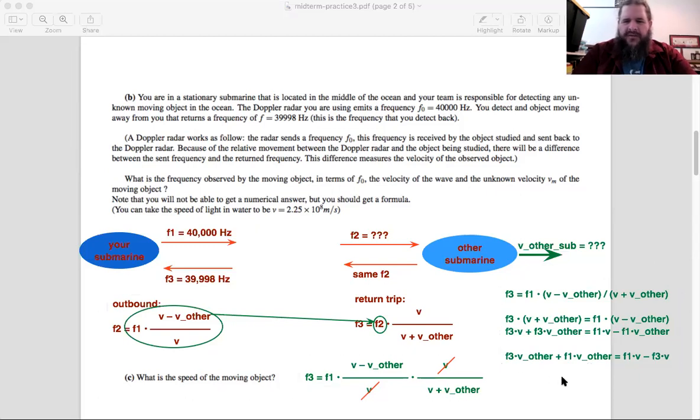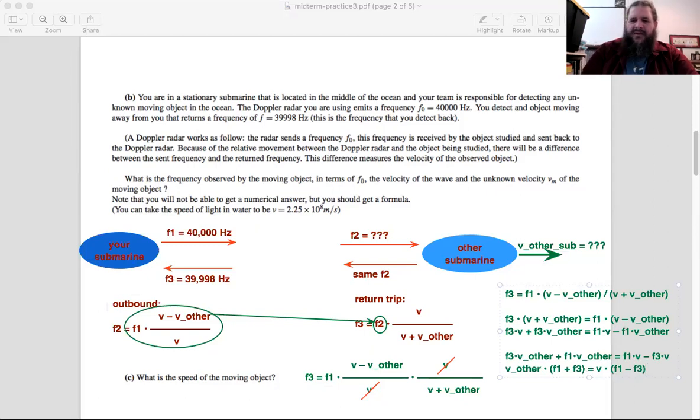Now we've got all the terms with the variable we seek on one side of the equation and everything without that variable on the other side. And since V other shows up in both of these terms, what can we do with that? Yeah, combine those together. Essentially, we are factoring out V other, left with just F1 plus F3. In fact, we could even factor out the speed of light from both of these terms and get speed of light times F1 minus F3.